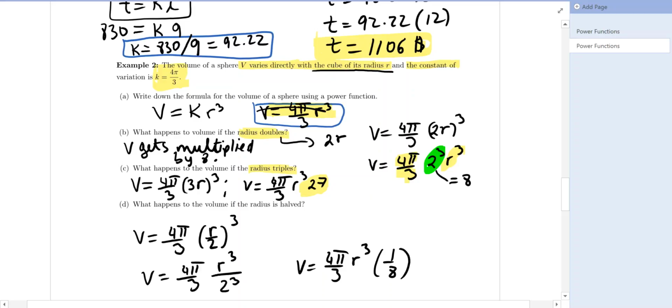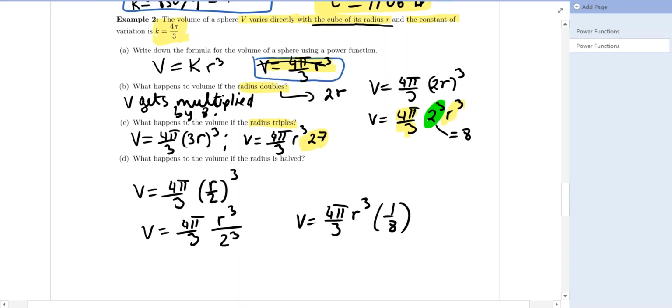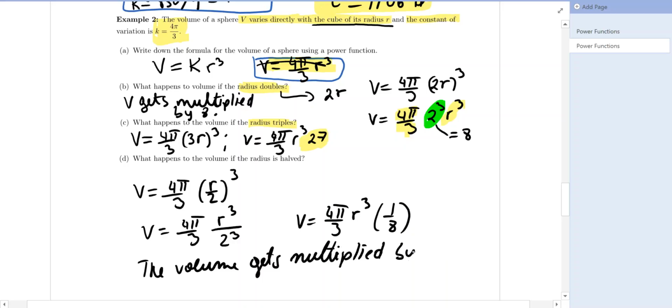So you could either say that the volume gets multiplied by 1/8 or divided by 8, depending on how the question is asked.